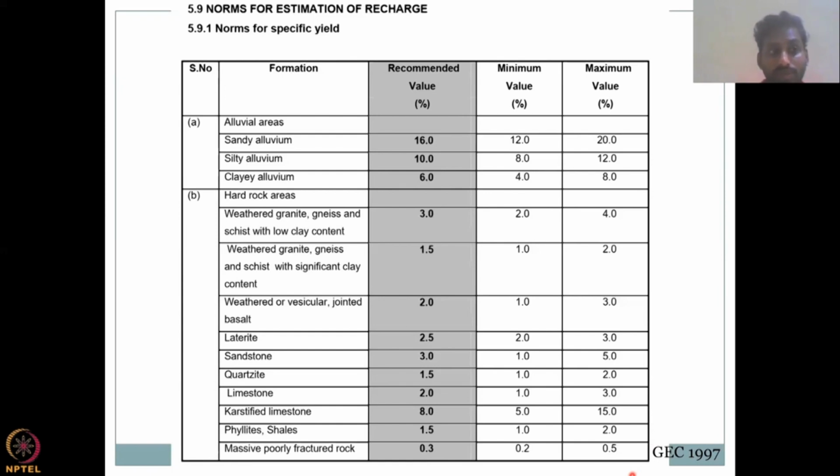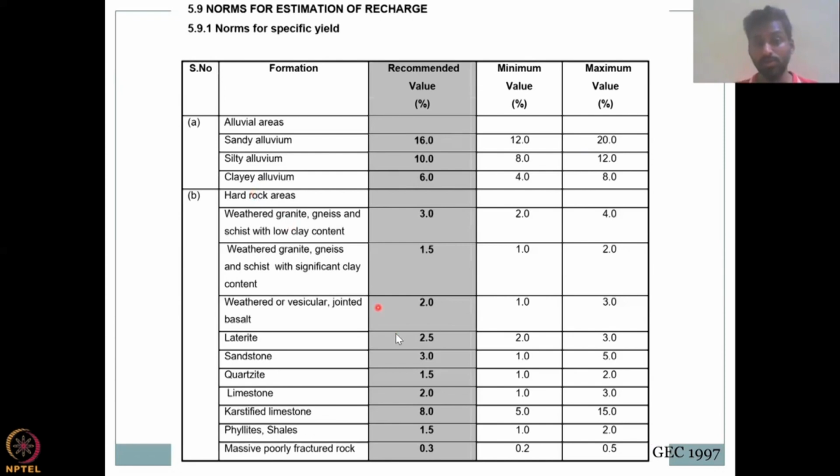So you have all these having specific yield in the range of 3%, 1%, 1.2%, etc. So it's really low, except the karst limestone, which is all these caves and rocks, which is not much in India. So most of the area is under hard rock.